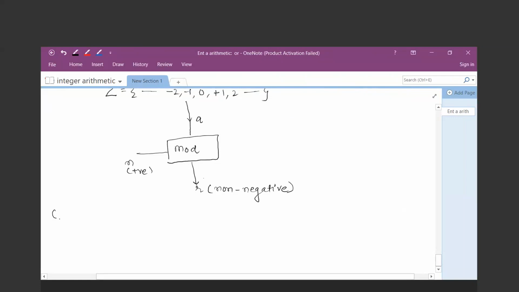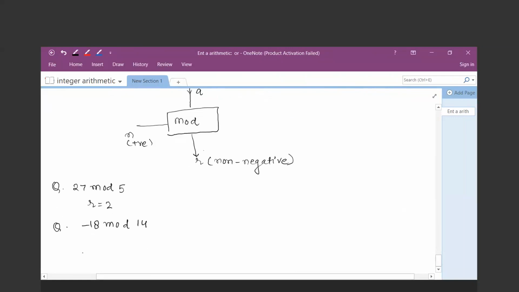For the understanding point of view, I know these things are known by you, but for the basics I have to tell them. So the answer will be 2 in that case. If the question is minus 18 mod 14, what should be the answer?